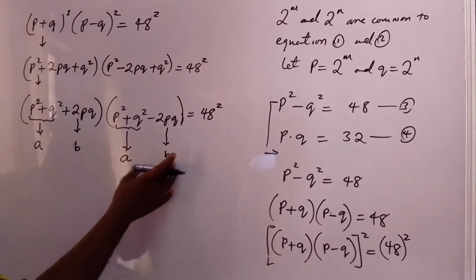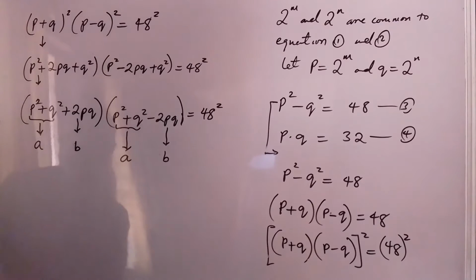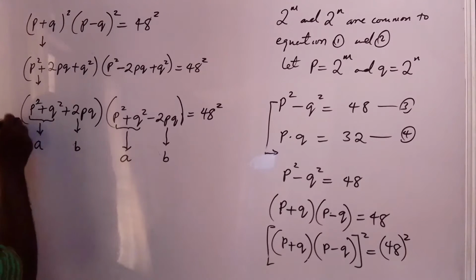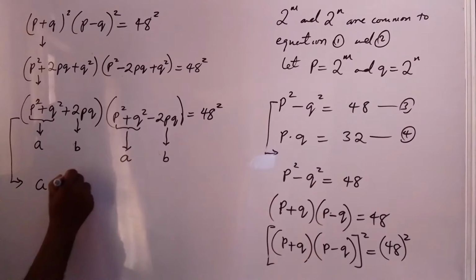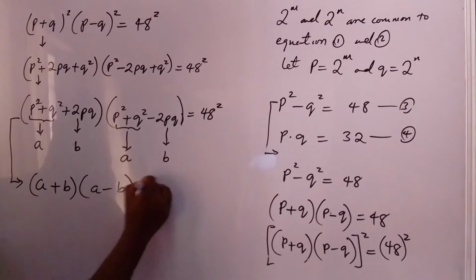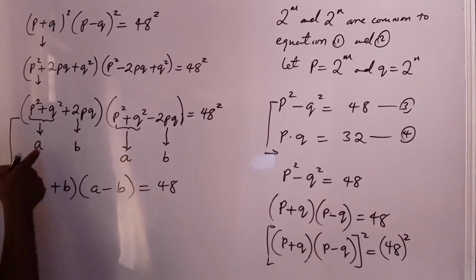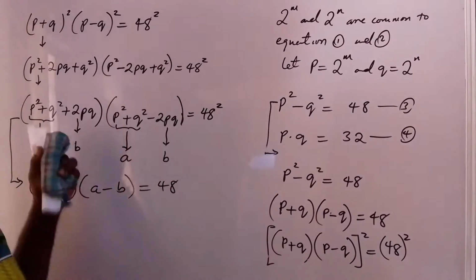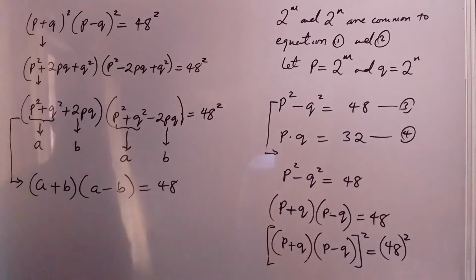If we agree with this, that means this expression becomes a plus b times a minus b equal to 48. Don't forget that a is p squared plus q squared, and b is 2pq.